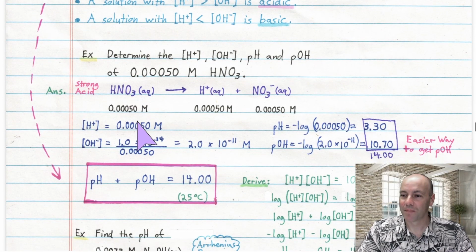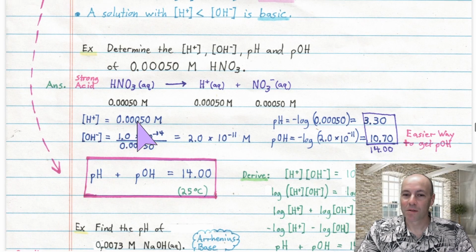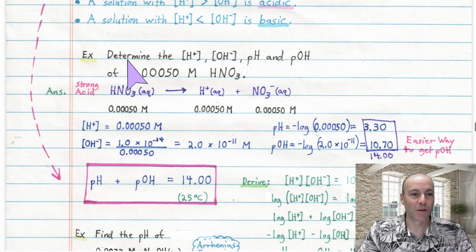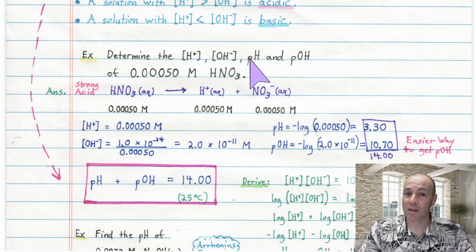Here's one. Suppose you're asked to determine the proton concentration, the hydroxide concentration, the pH, and the pOH of 0.0005 molarity HNO3. You should recognize HNO3 as one of the 6 strong acids.